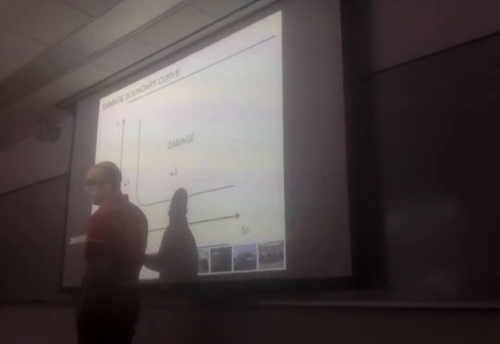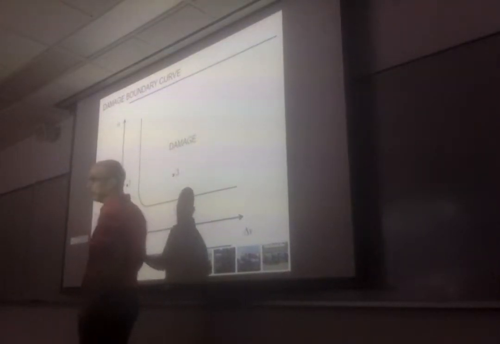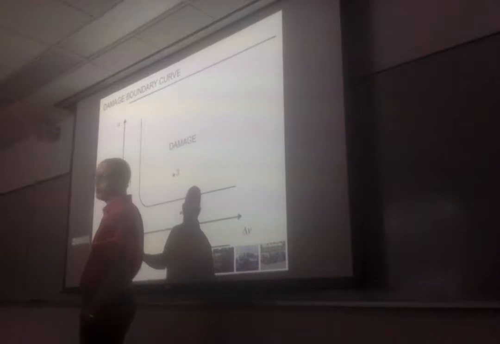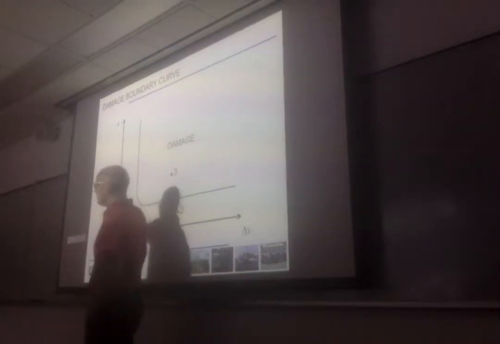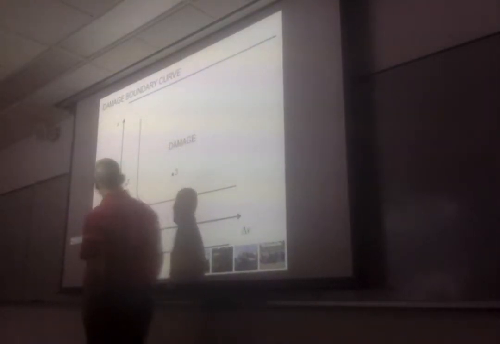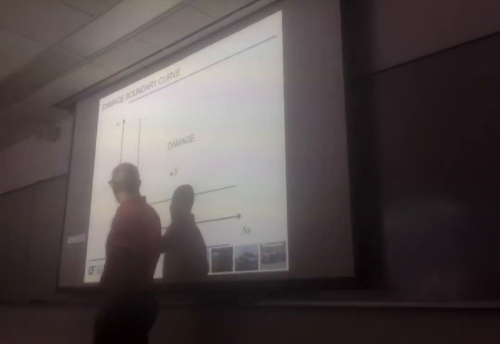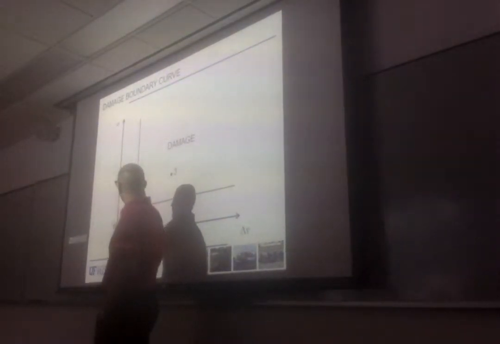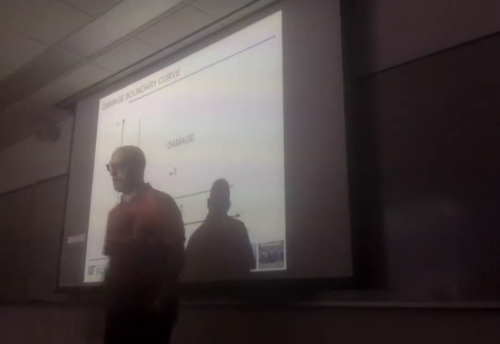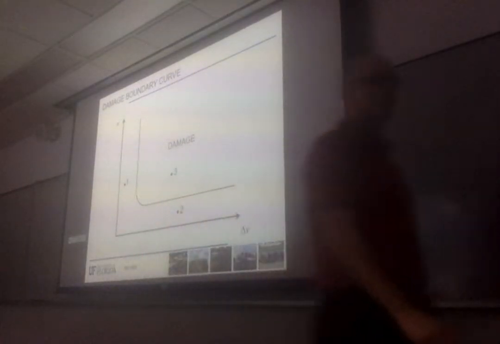Vertically, if you extend that to the x-axis, that gives you the critical velocity change. So point 1 is here. You have an acceleration that reaches a level higher than the critical acceleration, but a lower velocity change than the critical velocity change.